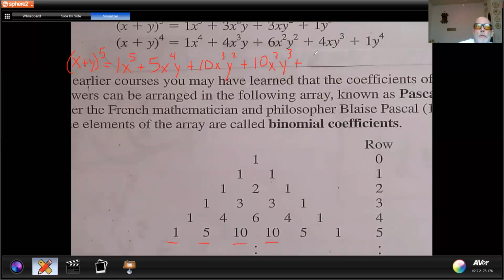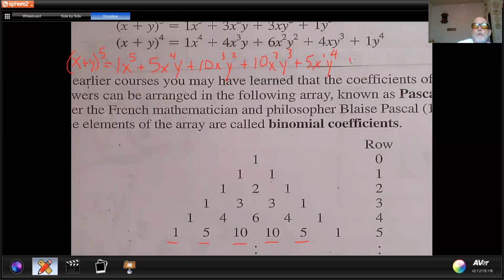Number 5. That's the next number. And then if this was 5, 4, 3, 2, this x has to be 1, and you can put the 1 there if you want. I don't usually, but you can. And then y has to be to the 4 because the y's are going up. Here it's y1, there it's y2, there it's y3, there it's y4.